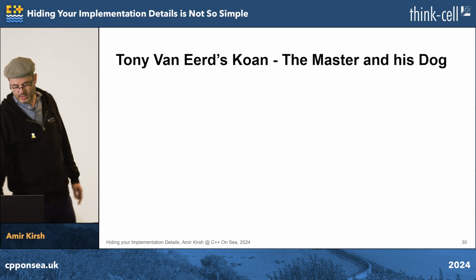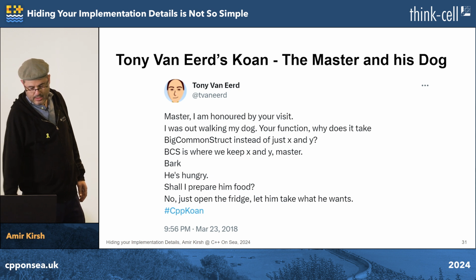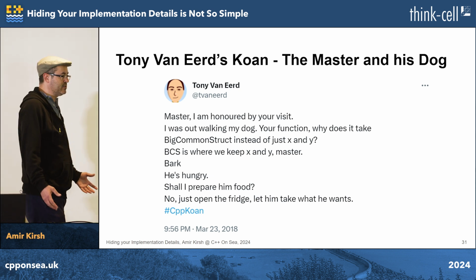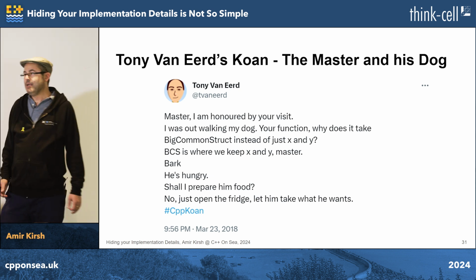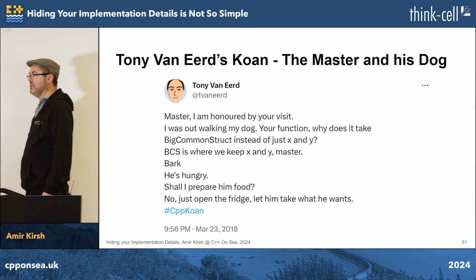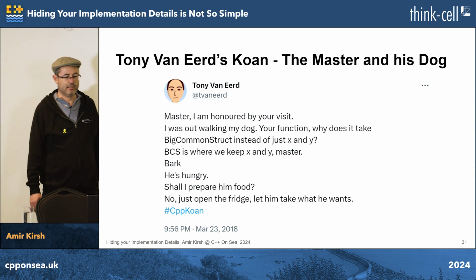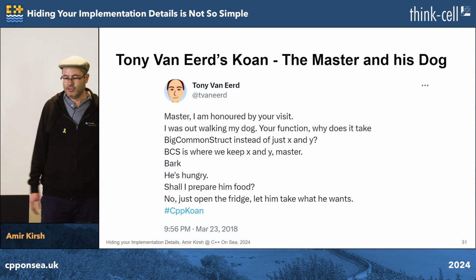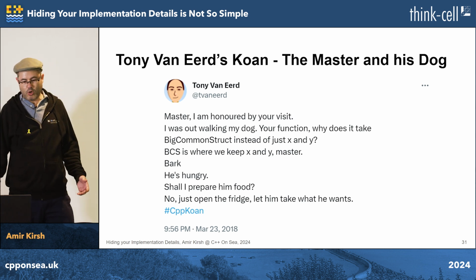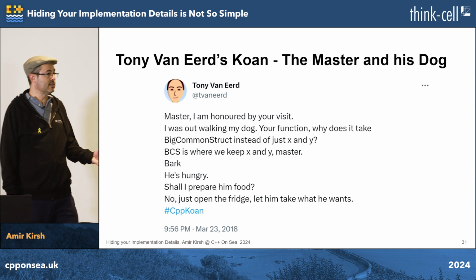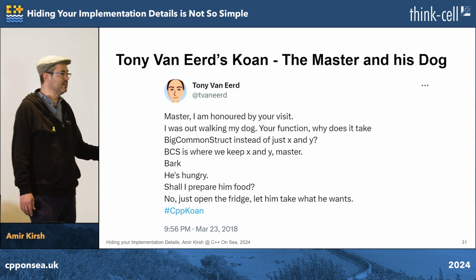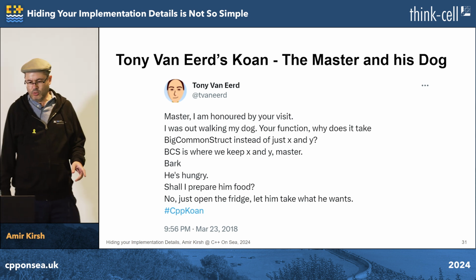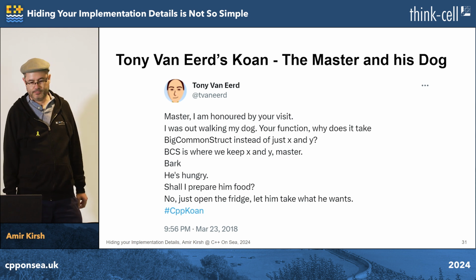It's a short story. A master was walking down the street, and he just passed by his student and went in. So the student said, "Master, I'm honored by your visit." So the master answers, "I was out walking my dog." And then the master asks, because he sees that the student is working on some assignment, "Your function, why does it take a big common struct instead of just X and Y?"